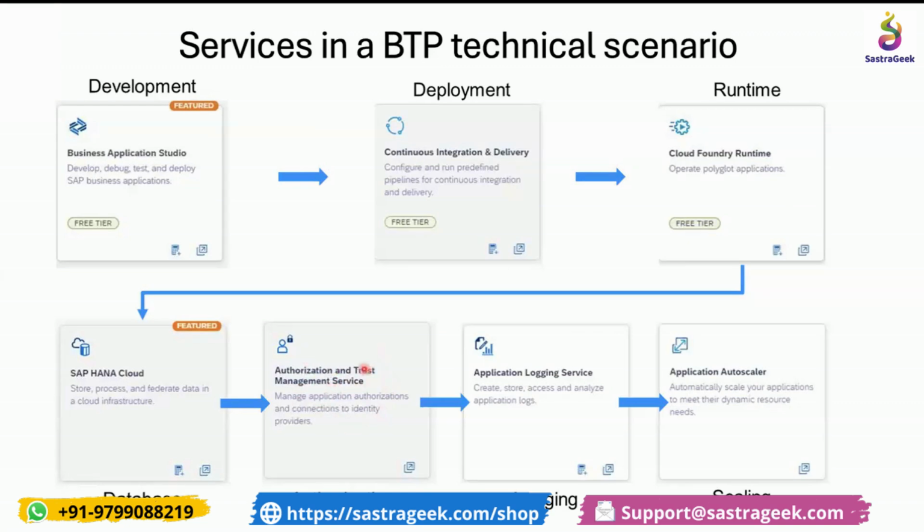So we can pull in the SAP authorization service and data logging for analysis of any bugs or breakdowns in the process that might have happened. We can access all of that, and auto scaling depending on the size of the enterprise. If you want to push up your application vertically, you can have auto scaling done as well.